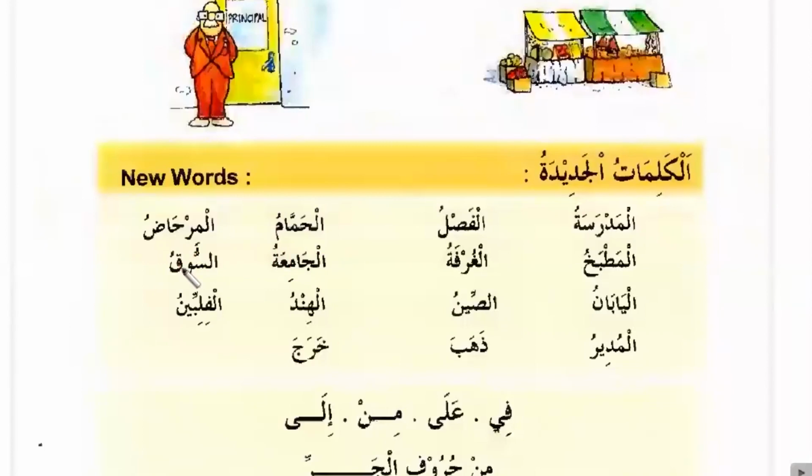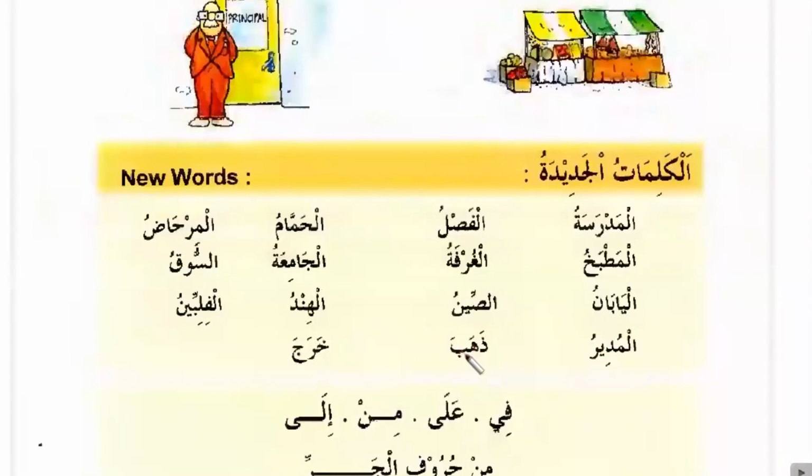As-suku is the market. The market. We have here Al-Yaban. Al-Yaban is the what? Japan. As-Sinu is China. Al-Hindu is India. Al-Philippine is Philippines, right? You have Al-Mudiru. Mudiru is the principal.